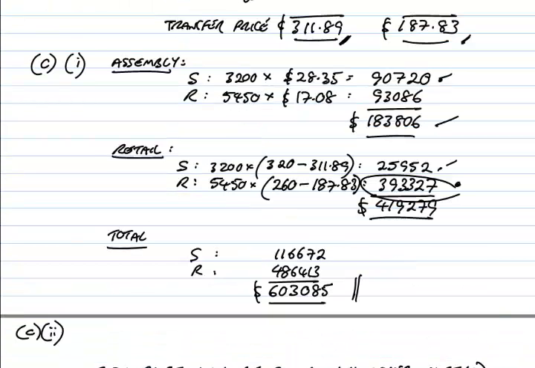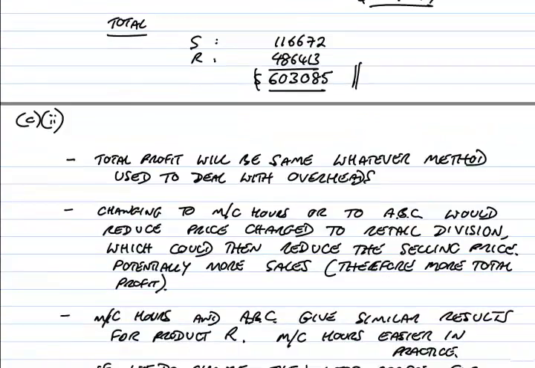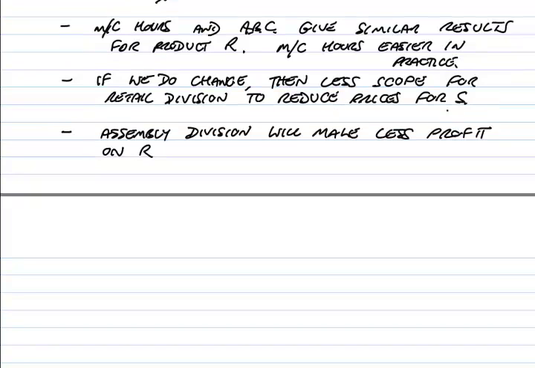Assembly 183, machine hours 183, more or less the same. Labour hours 183, more or less the same. So I will mention it, they'll make less profit on R if we change, and therefore might not be happy.